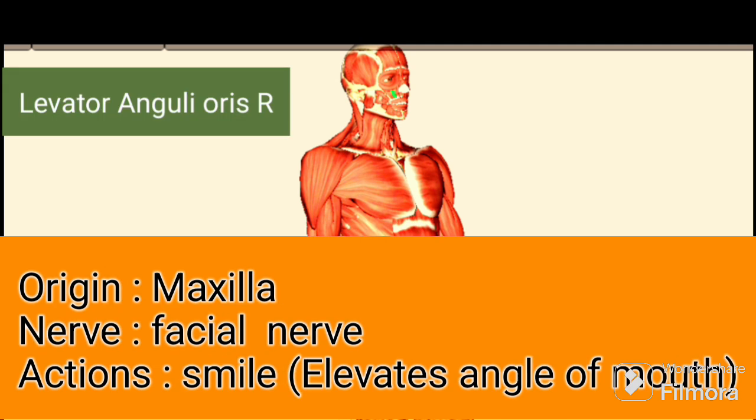Levator anguli oris originates from the canine fossa of the maxilla. It inserts in the modiolus. Its action is to elevate the angle of the mouth. It is supplied by zygomatic and buccal branches of the facial nerve and the superior labial branch of the facial artery and infraorbital branch of the maxillary artery.